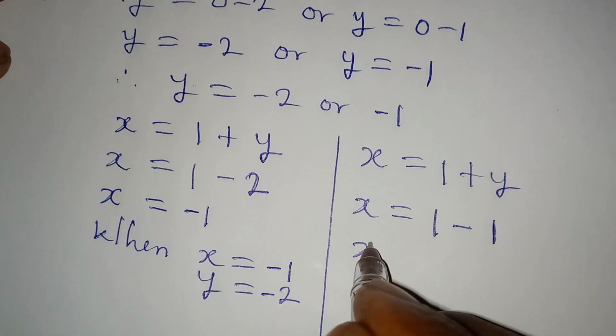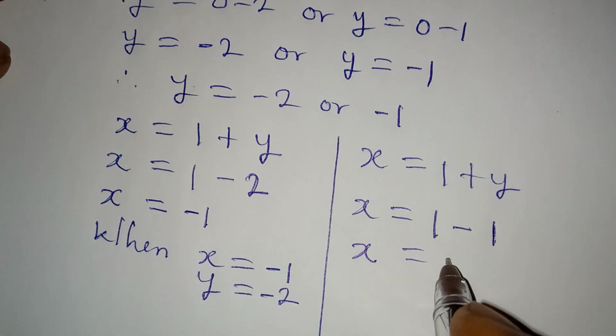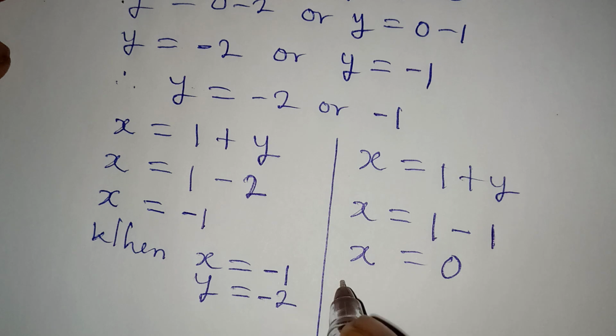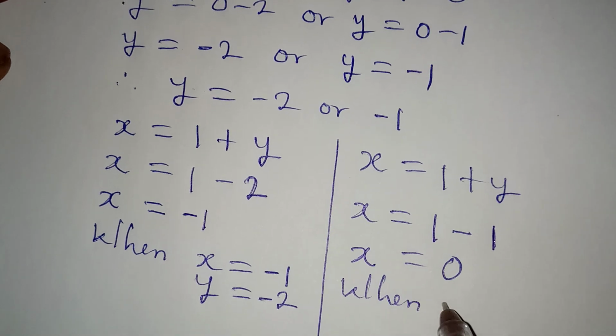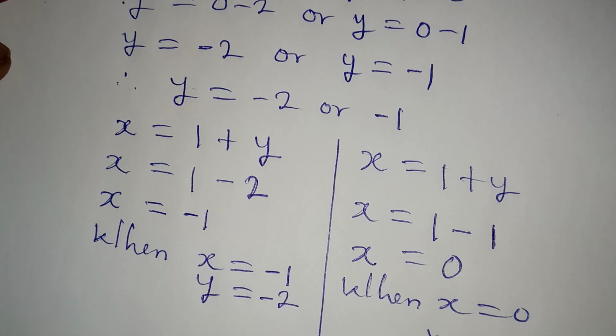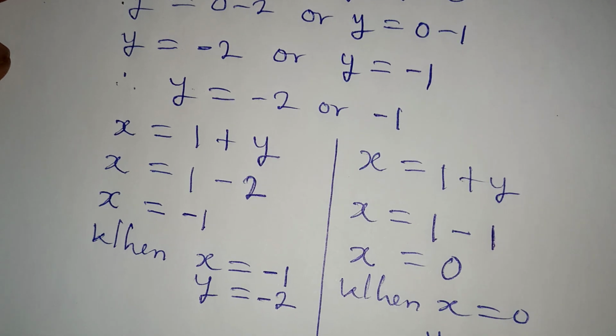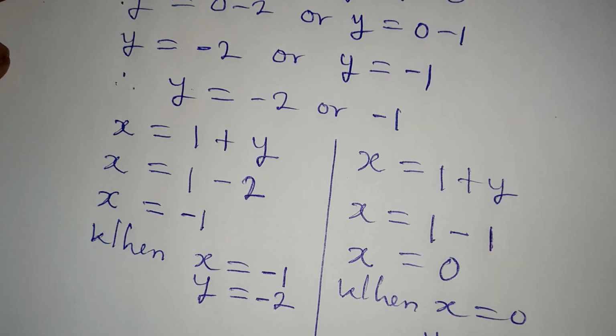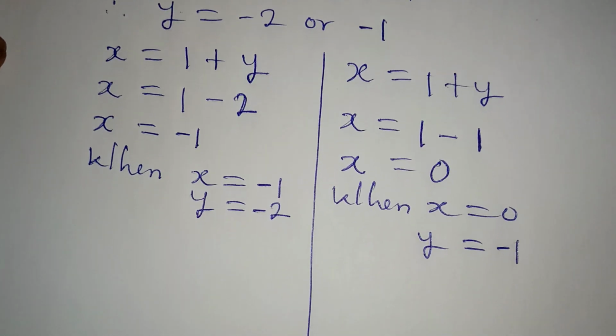And from here, it means that our x is equal to 0. So this means that when x is equal to 0, y is equal to -1. So this is what we have.